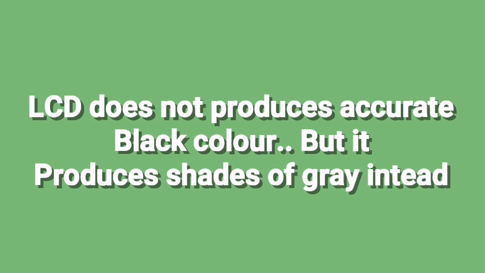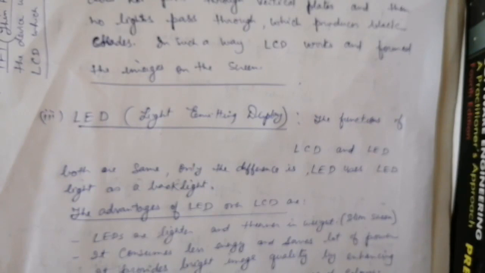It produces black color when we supply the current, and that black is not accurate black, but the black color which it produces will be in gray shades only, right? So this is how LCD functions.